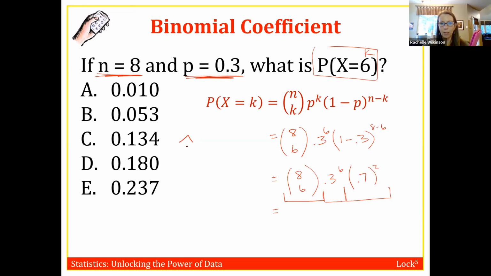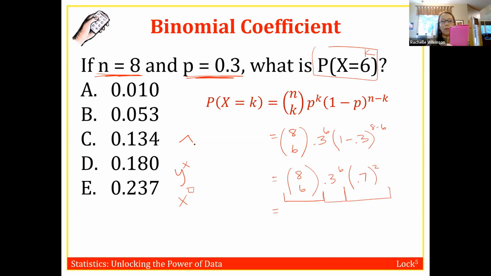So then you would hit 0.3 and then the caret button and the 6. I've seen some calculators that have a button that looks like this, Y to the X. Okay, so all of these are the same thing. They're raising something to a power. Okay, so if you got that far, then hit equals.